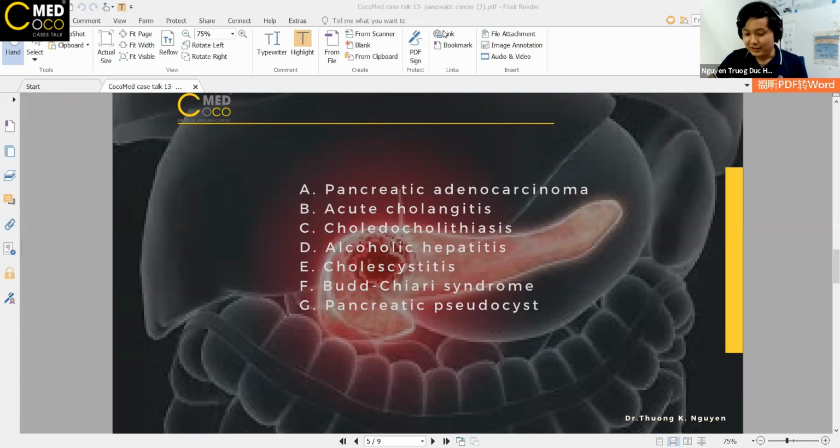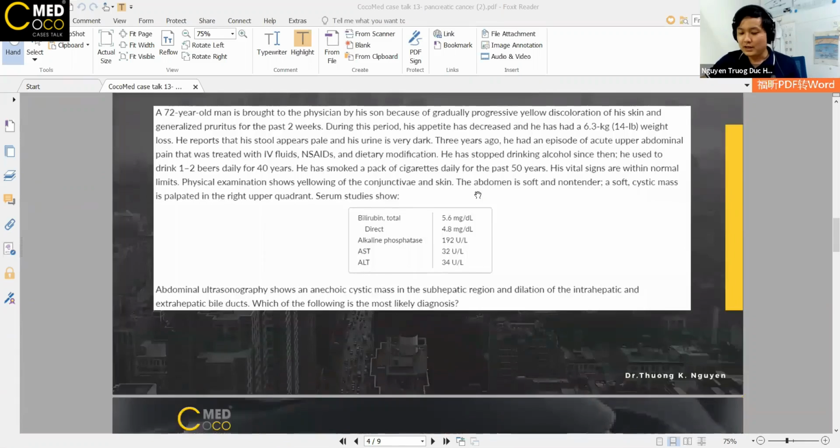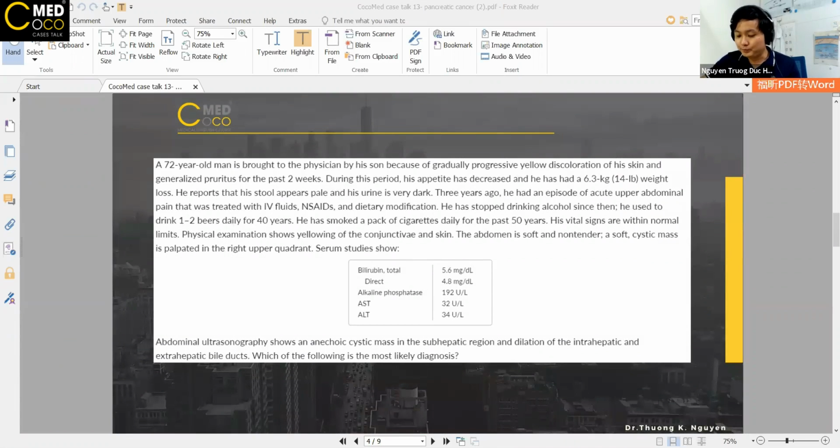Yeah. In this case, the patient has some problems, and I can summarize them like this. First, he had dark urine and pale stool, which makes me think about obstruction of the bile duct.